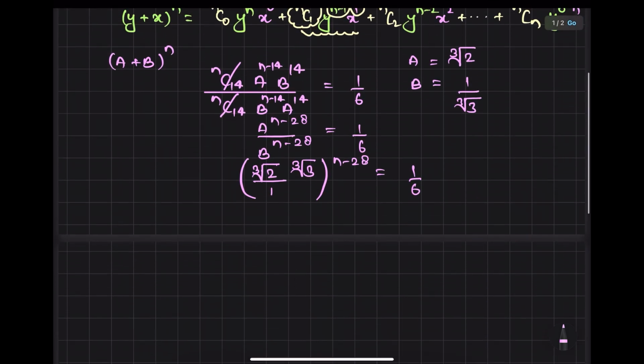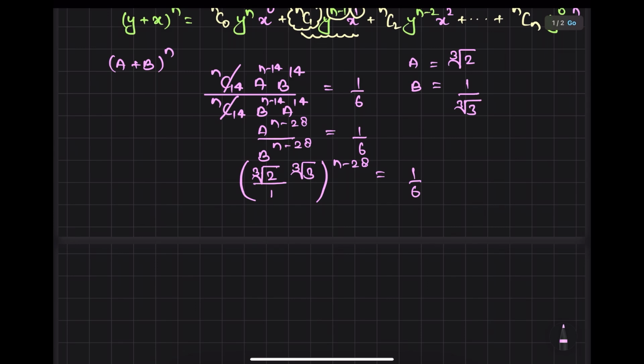Now if you observe, the power is the same, the cube root and cube root. So the power is the same and the bases will be multiplied, so it becomes 6 power 1 by 3, to the power n minus 28, equals 6 power minus 1.